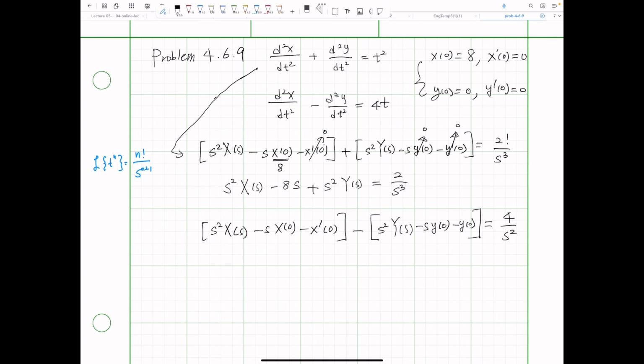Now put the initial conditions. X'(0) is 0, Y(0) is 0, Y'(0) is 0. This is the 8.